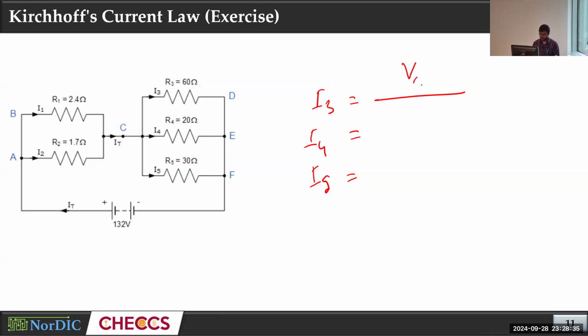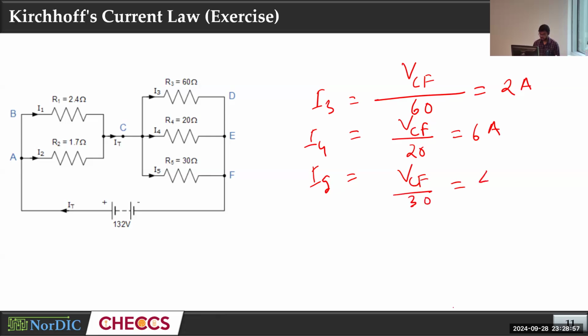VCF, because that's between C and F. So VCF by 60. That should be 2 ampere. I4 will be VCF by 20. That should be 6 ampere. I5 should be VCF by 30. That should be 4 ampere.